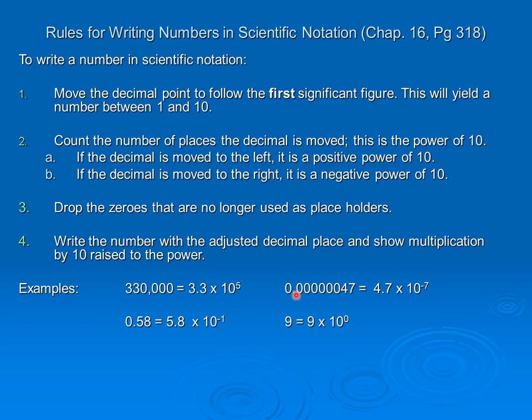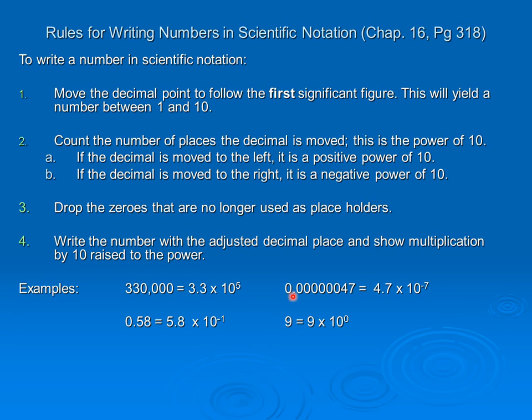Here is another example. Now what you need to do is move the decimal point right after the first significant digit. The first significant digit here is what? 4. Remember we mentioned significant digits means 1 to 9, not zeros. So how many positions do you have to move the decimal point?